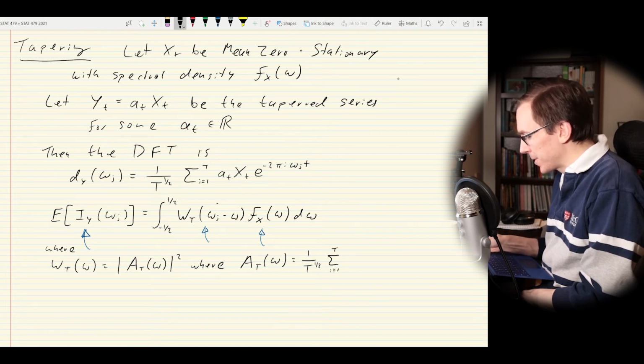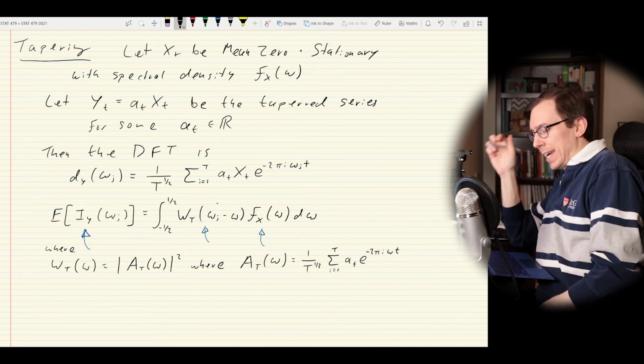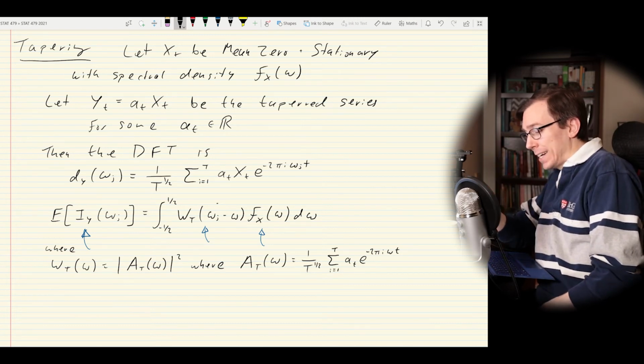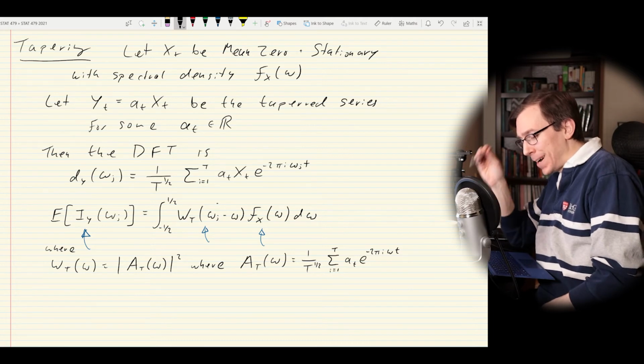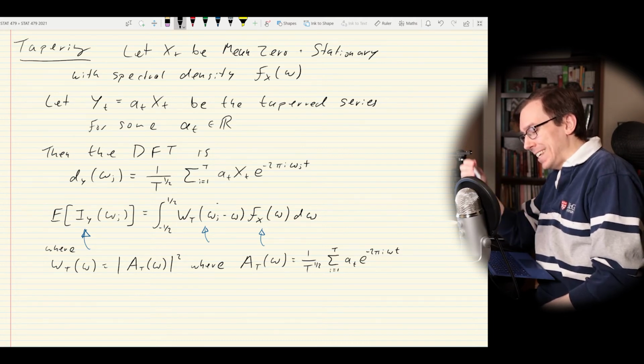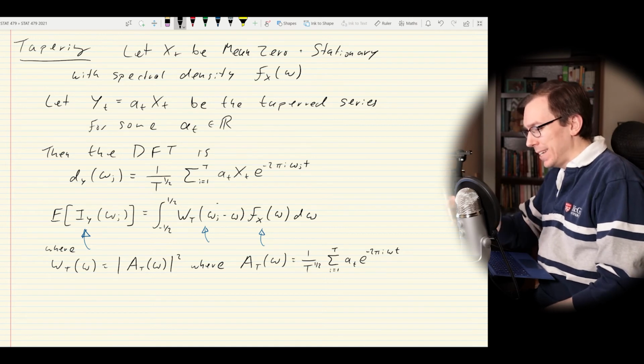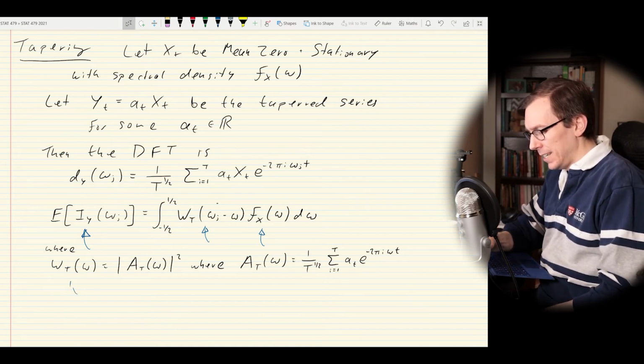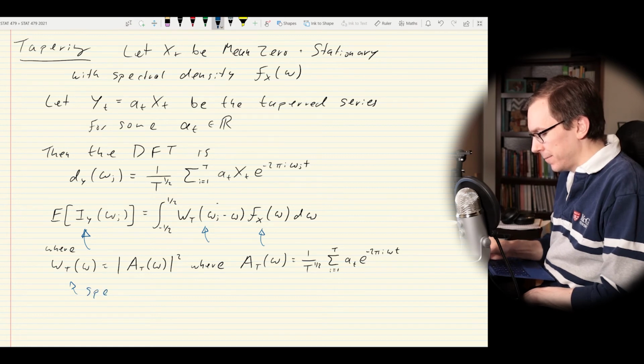We had something very similar to this before when we talked about filtering a time series, and specifically an ARMA process. Okay, so again, capital A of omega is the Fourier transform of the little a sequence, and W_T is the squared modulus of capital A, and that's going to be called the spectral window.